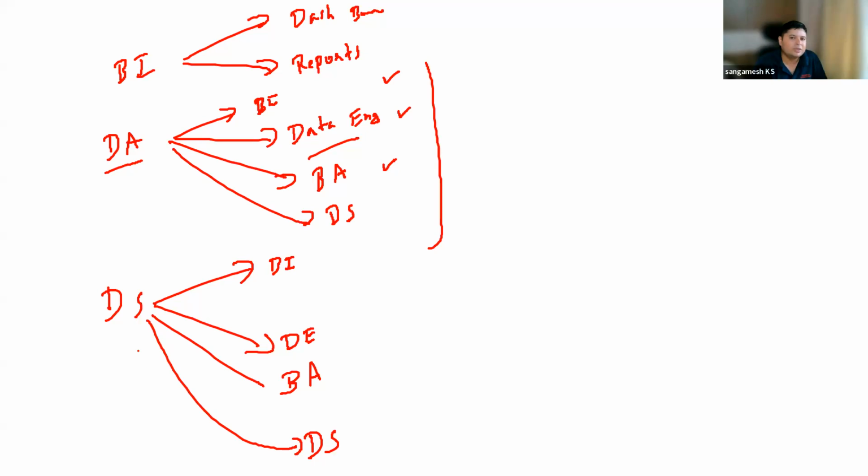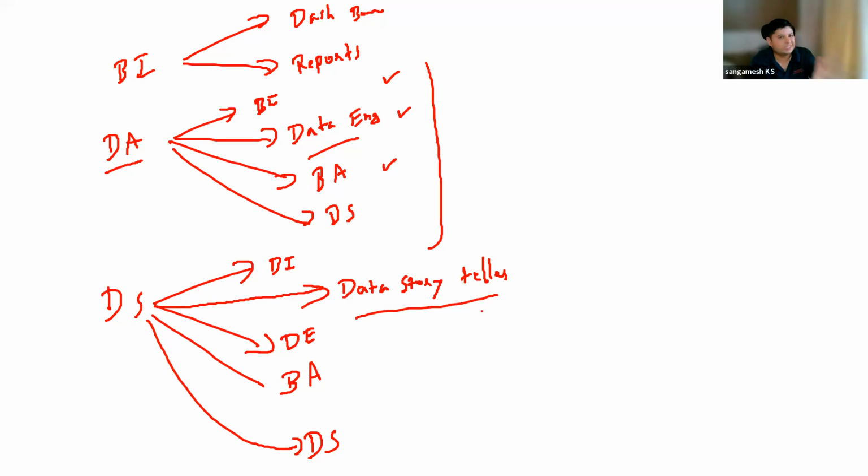And there are some more parts which are not described here. He is also going to be a data storyteller. He is a person who is going to explain things. He is a person who is going to convince the manager about what needs to be done majorly.